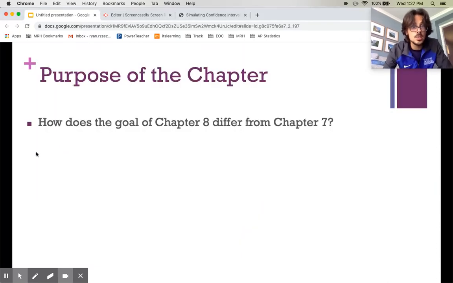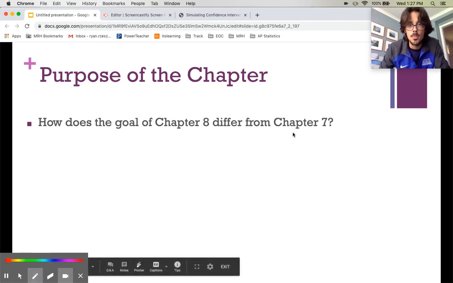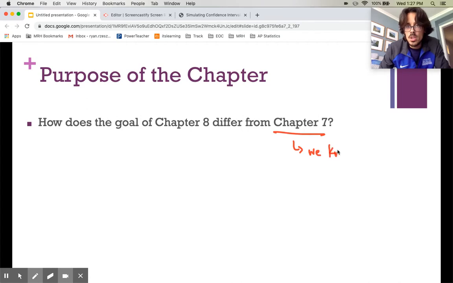So I talked about this in my demonstration, but the difference between chapter 7 with sampling distributions and chapter 8, and actually the rest of second semester for that matter, is the idea that in chapter 7, we act like we know the parameter. So in chapter 7, we know the parameter.